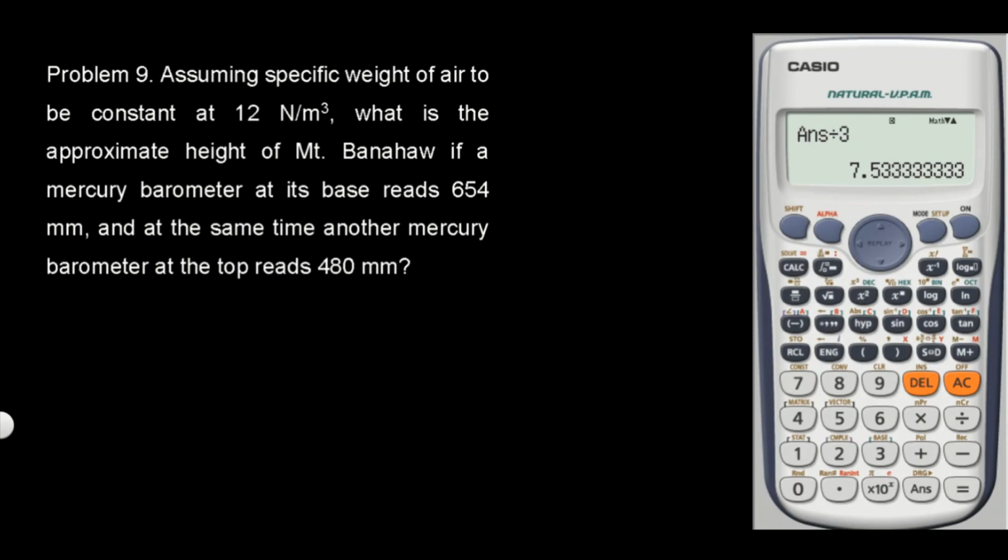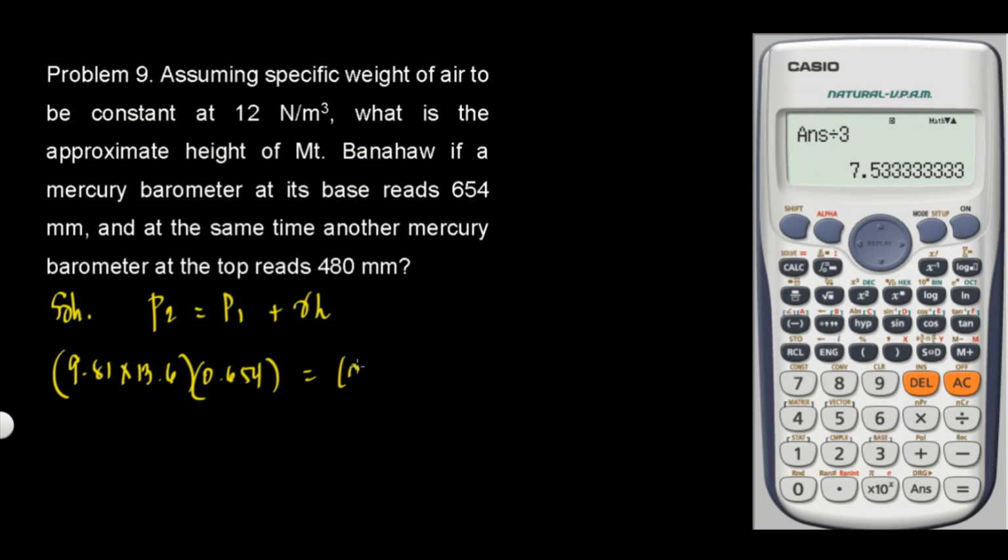Problem 9. Assuming the specific weight of air to be constant at 12 Newton per cubic meter, what is the approximate height of Mount Banahaw if a mercury barometer at its base reads 654 mm and at the same time another mercury barometer at the top reads 480 millimeters? Solution: P2 equals P1 plus gamma H. P2 is the reading at the base, so 9.81 times the specific gravity of mercury multiplied by 0.654, equals P1, which is 9.81 by 13.6 multiplied by 0.48, plus gamma of air.